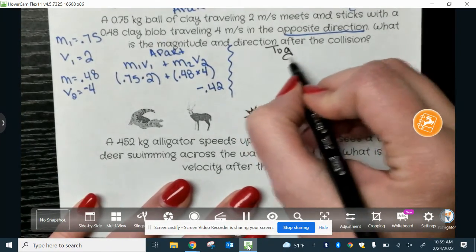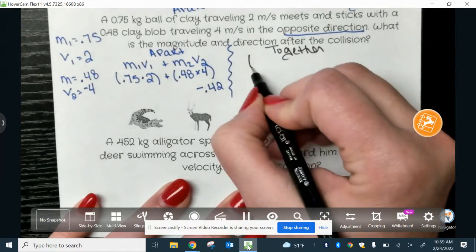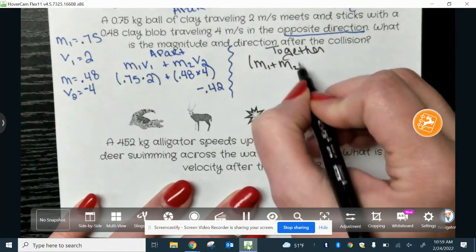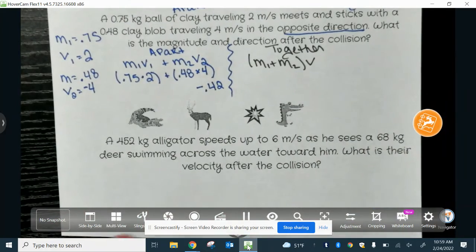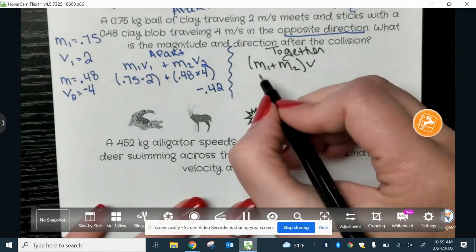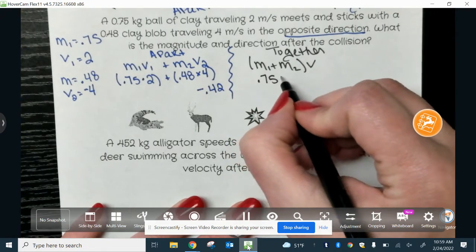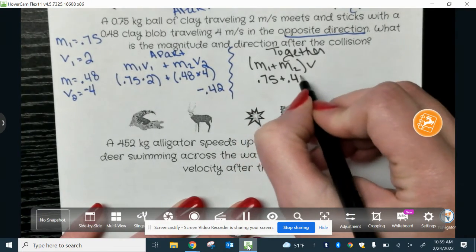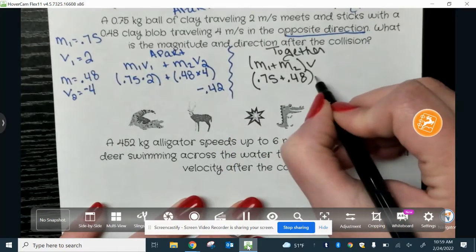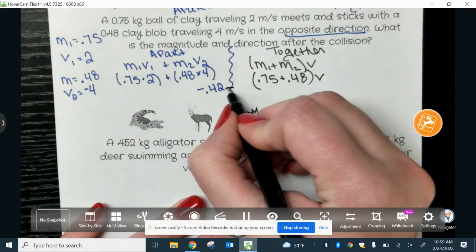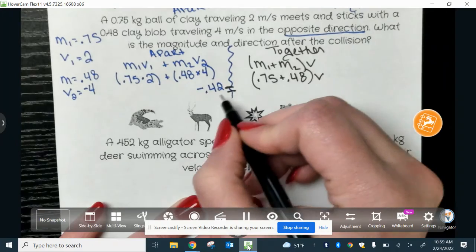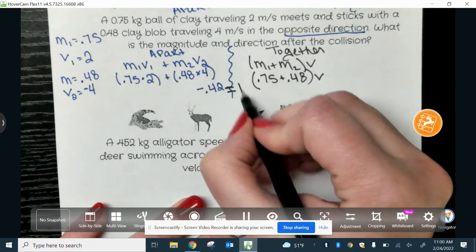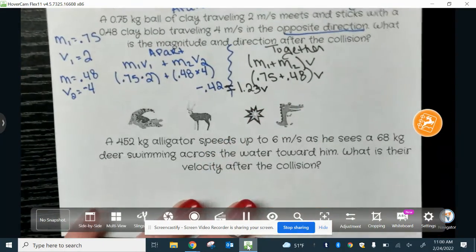Since this one is together, m1 plus m2 times velocity. Since those are equal, you set them equal to one another, and I got 1.23 times v.